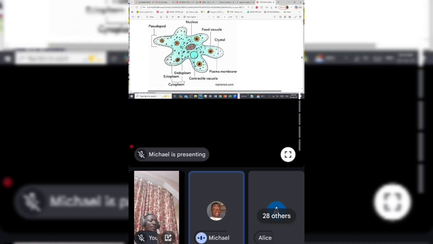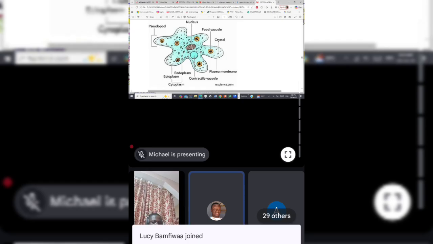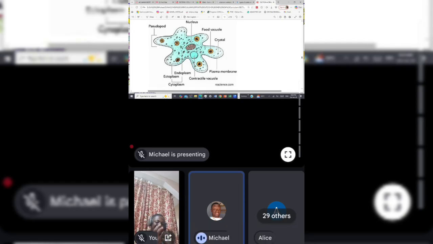Now we have the nucleus, which is normally in the center of the cell. Then this one is a contractile vacuole. A contractile vacuole is a water vacuole, a structure in unicellular organisms, mostly protists, that allows them to balance water. So it is for osmoregulation. Remember, from osmosis, osmo refers to water.